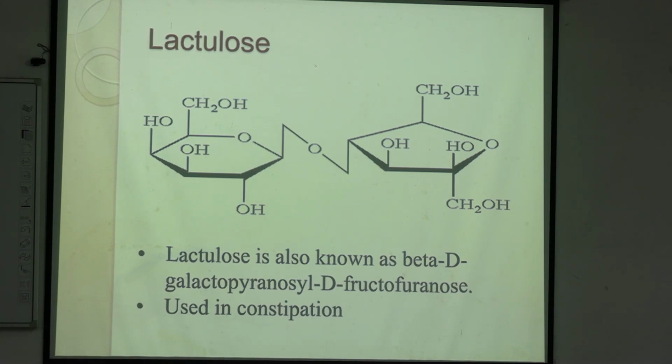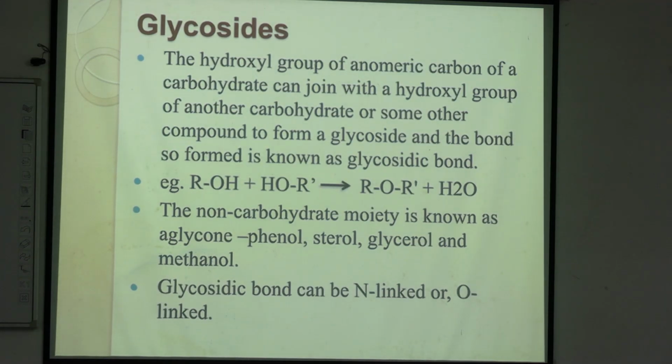Can you appreciate beta? OH is above the plane. That is why this glycosidic bond is like this. Okay, so beta galactopyranose and fructofuranose. Okay, so lactulose I will come to again. Now come to glycosides. What is glycoside?